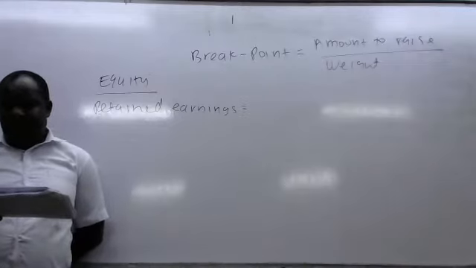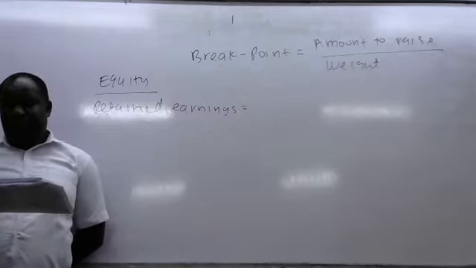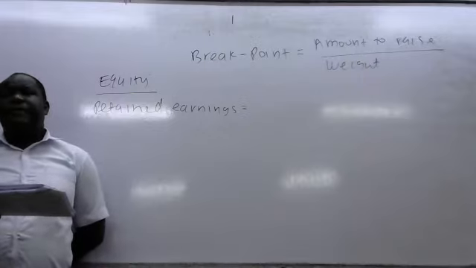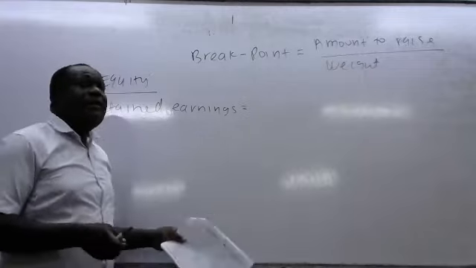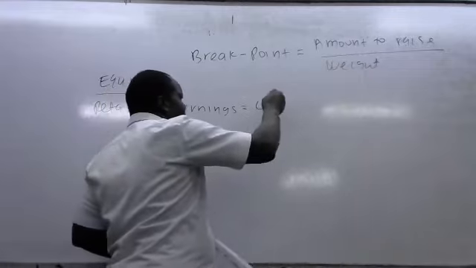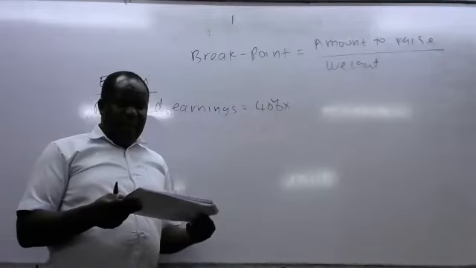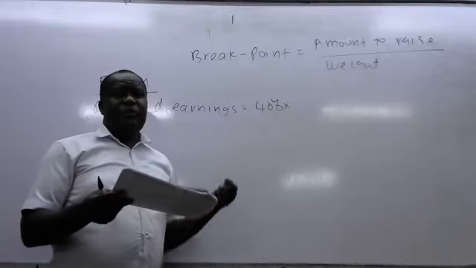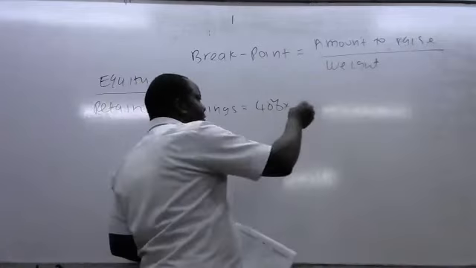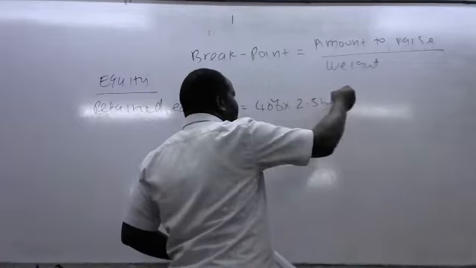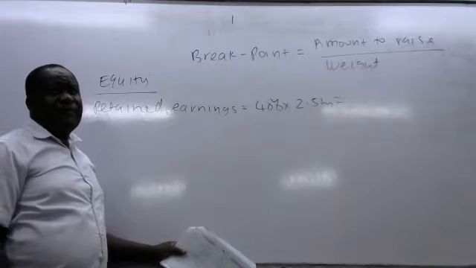But the company has been paying 60% of its earnings as dividend, so what percent will they be retaining? They retain 40%. So you get 40% of the profit after tax, the 2.5 million.